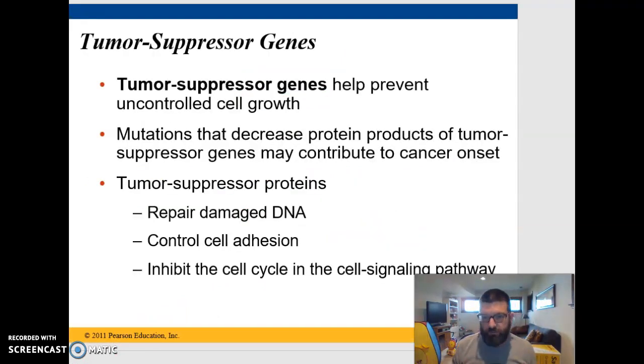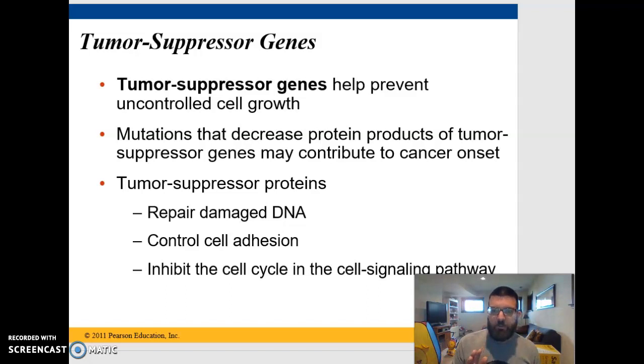Tumor suppressor genes are kind of like the brakes. And if you recall, you had several checkpoints, right, in the middle of the cell cycle where you stopped, took stock of things, made sure it was an appropriate time to divide, made sure your DNA didn't have mutations that you had to repair before division, made sure that you had appropriate cell adhesion, that you weren't going to have chromosomal abnormalities.